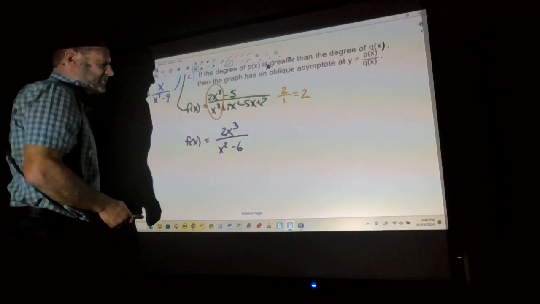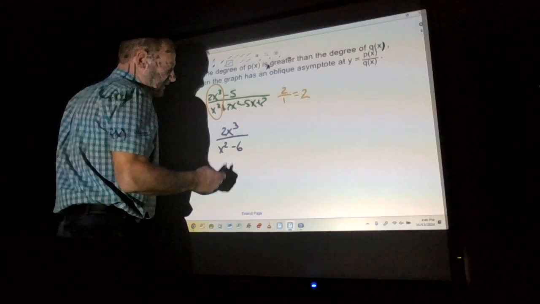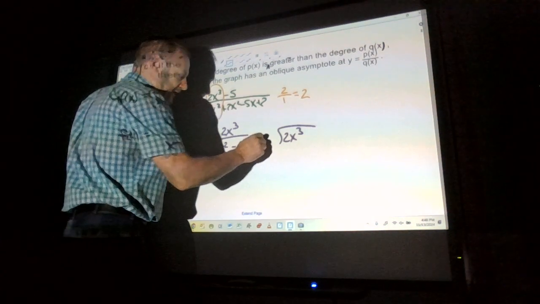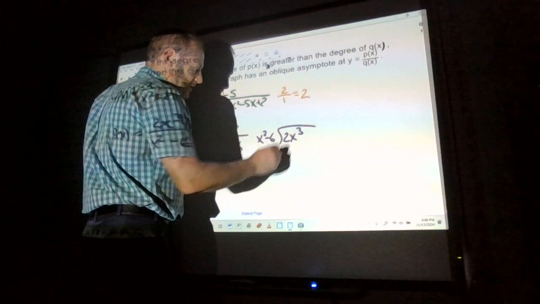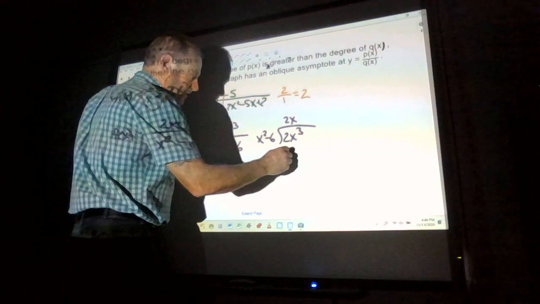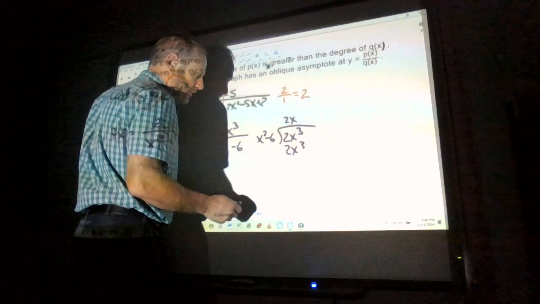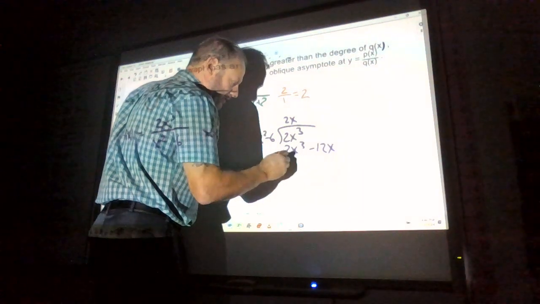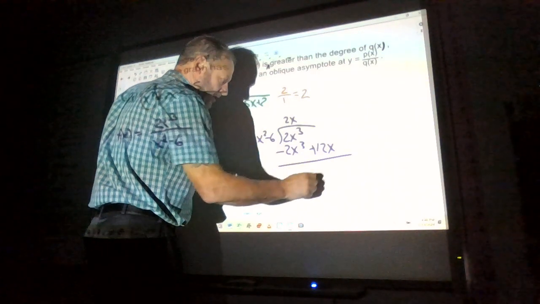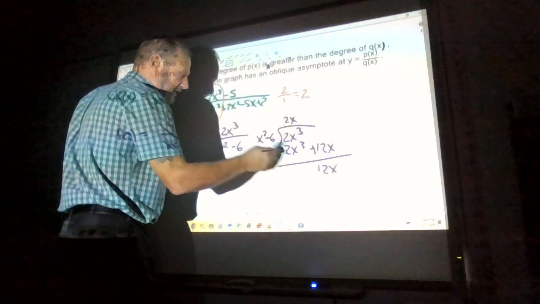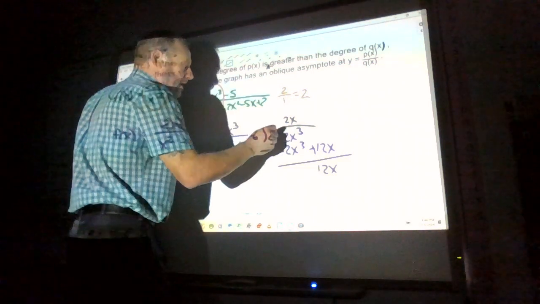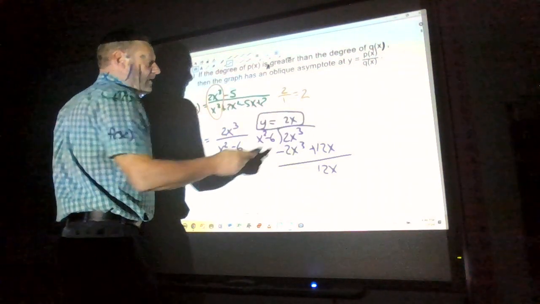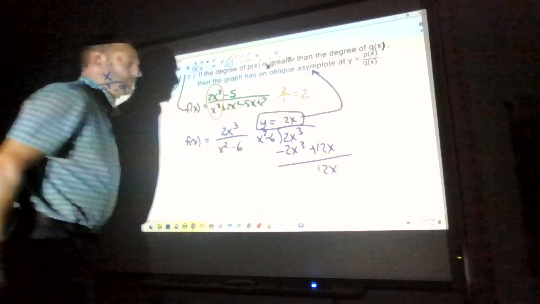This is going to have an oblique asymptote, and to find it I'm going to take 2x cubed and divide it by x squared minus 6, and that would be 2x, so that would be 2x cubed minus 12x, and I subtract, so this would be 12x, and that's a remainder because that's less than this, so it would have at y equals 2x an oblique asymptote.